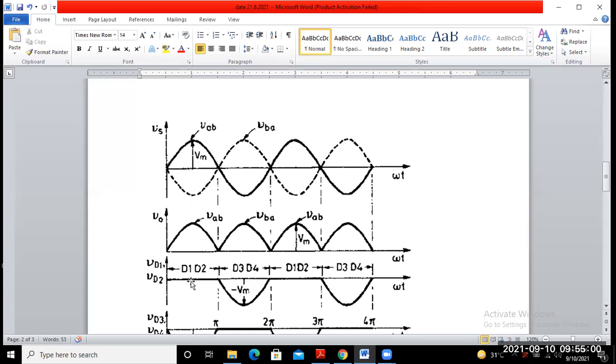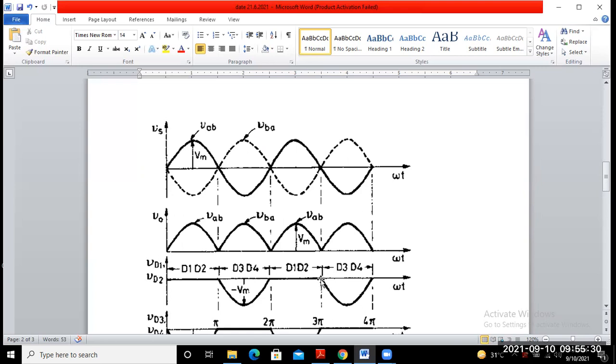So the voltage across D1 and D2 is the negative half cycle, because these two diodes become reverse biased. From 2 pi, again D1 and D2 become forward biased, so VAB appears, that means the voltage across the diode is 0, because during this period D1 and D2 are in conduction mode.